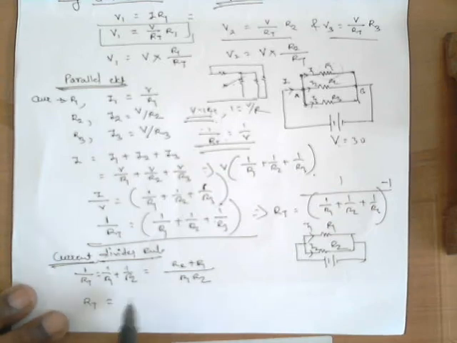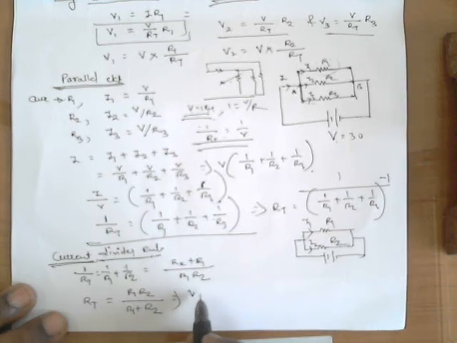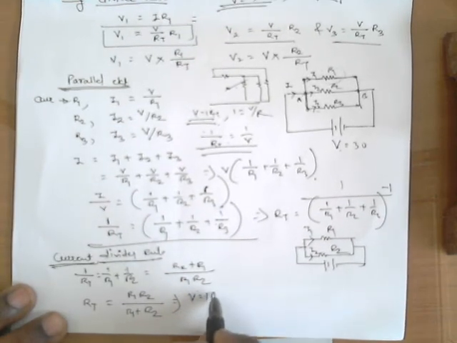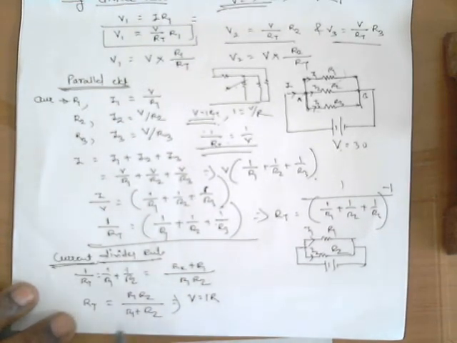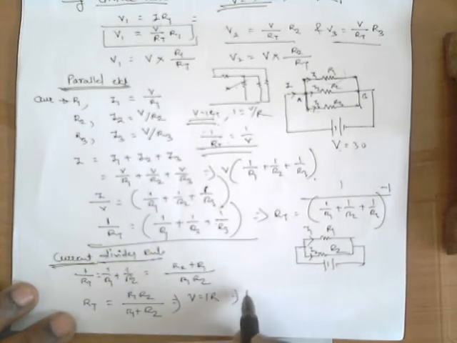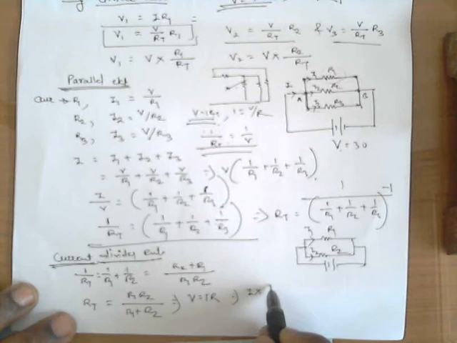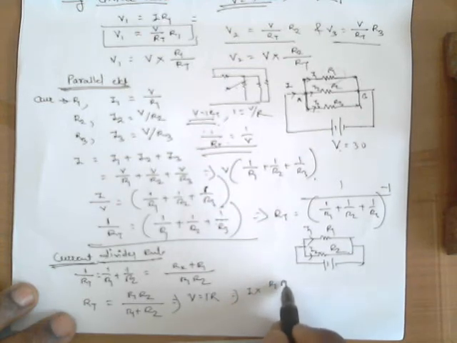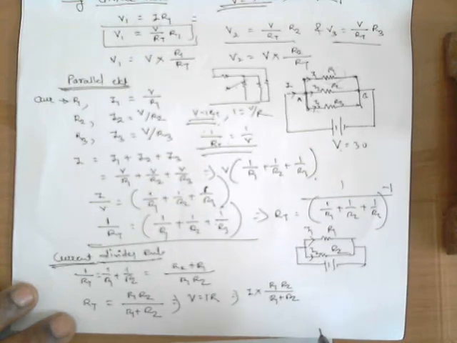So RT means the reciprocal of this: R1 R2 by R1 plus R2. Now what is voltage? V equal to I into R by Ohm's law. But R we have just derived, so I can write I into R1 R2 upon R1 plus R2. This is the equation for voltage.